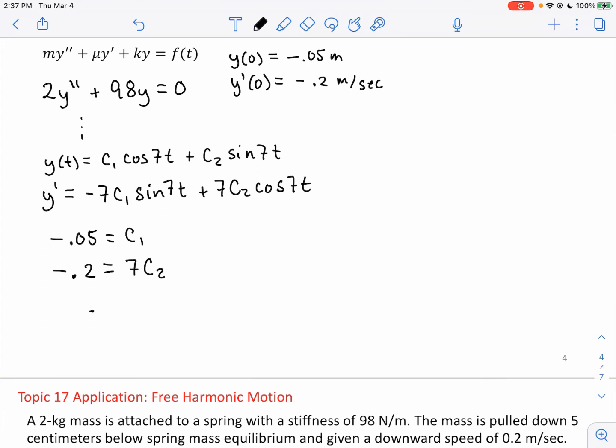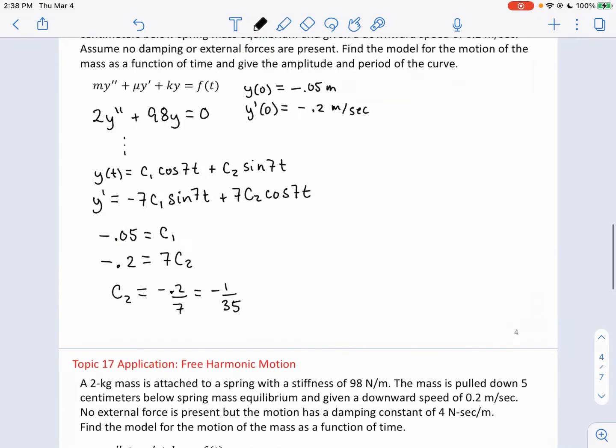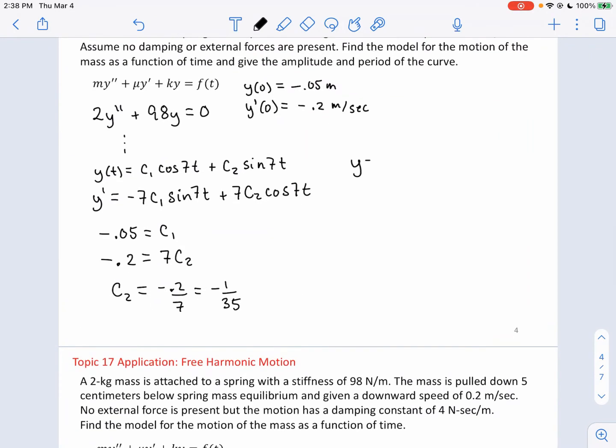So c2 is negative 0.2 over 7. Well, 0.2 is 1/5, and dividing 1/5 by 7, we get negative 1/35. So our solution to this then will be y is equal to c1, which is negative 0.05 times the cosine of 7t, and then minus 1/35 sine of 7t. And our amplitude.